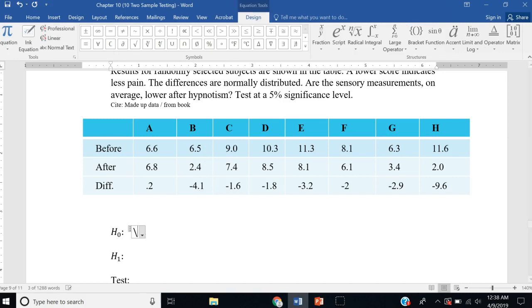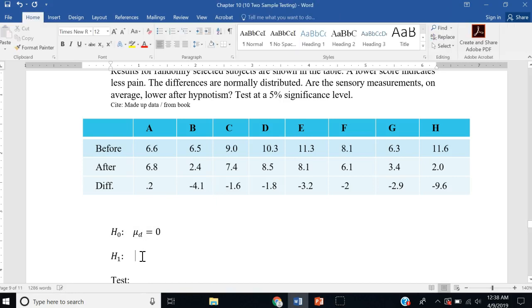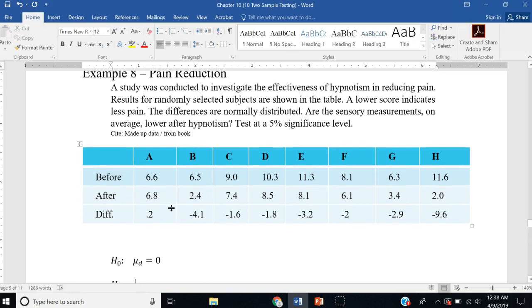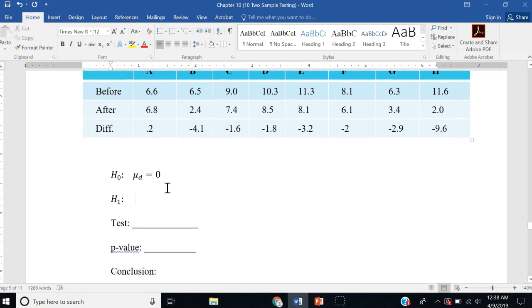Now, the null hypothesis, mu of the differences, the average of the differences, is equal to 0. Again, equal to 0 means there's no change on average, versus we're looking to see if we get less pain. So are they lower after hypnotism?